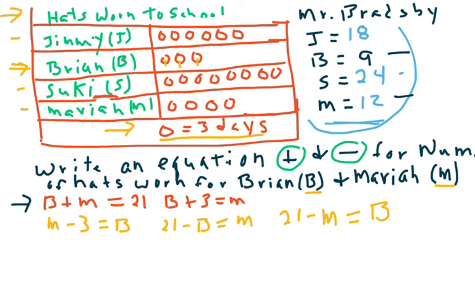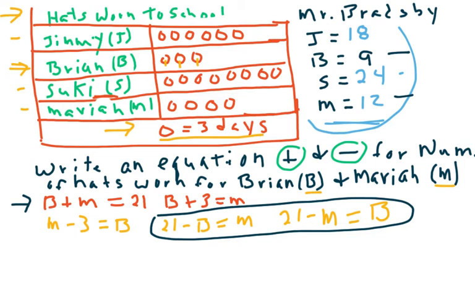So those are inverse operation sentences, these, for the Brian plus Mariah is 21. So there's some addition sentences to show the relationship, and here's some subtraction. You may have written something different, and if you want to ask your teacher later if this was acceptable as a good way to write it, that's fine.